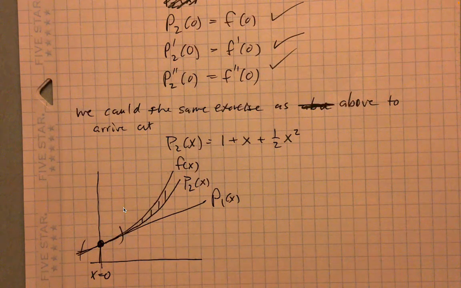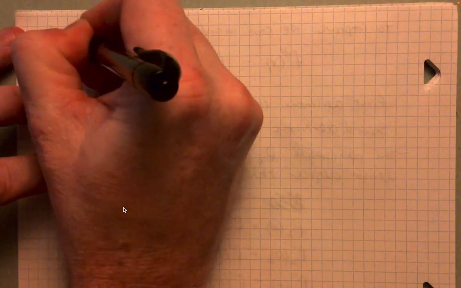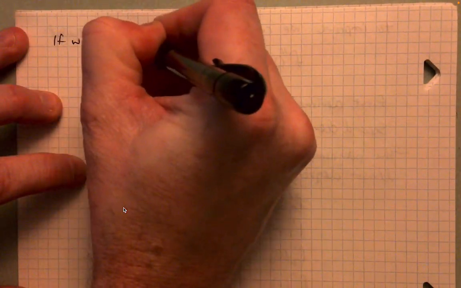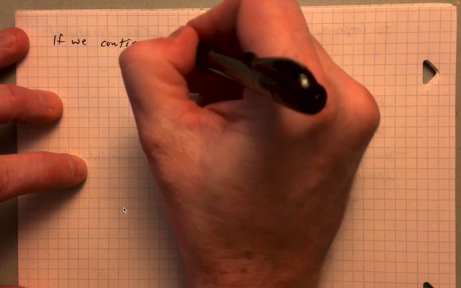We could demand that the third derivatives be equivalent to one another, and then we could demand that the fourth derivatives be the same, and so on and so forth. And if we continue with this pattern, a characteristic polynomial begins to emerge here.